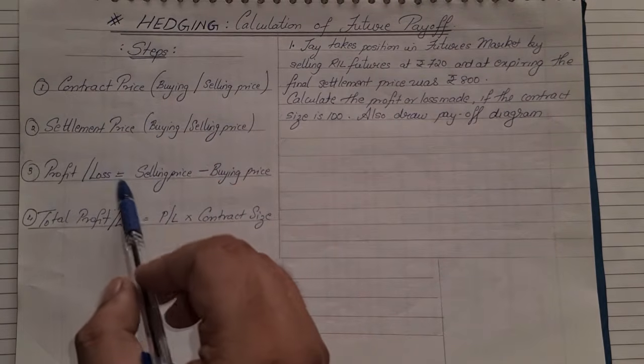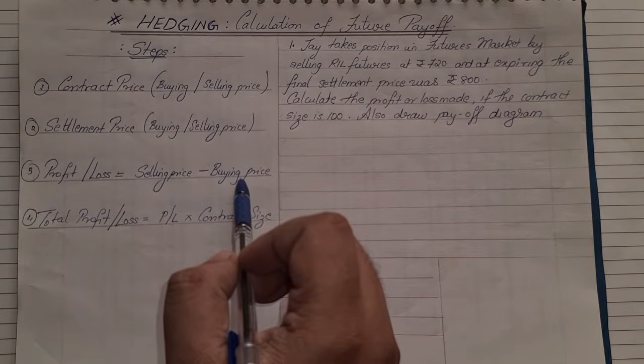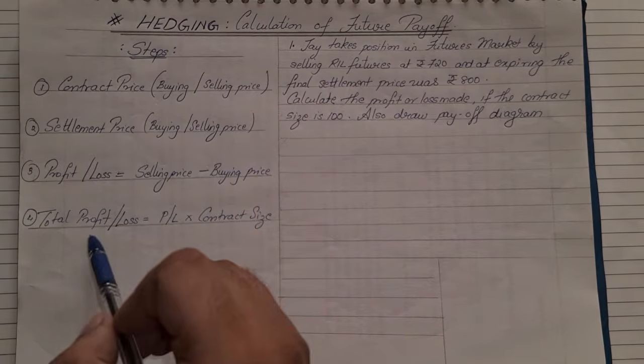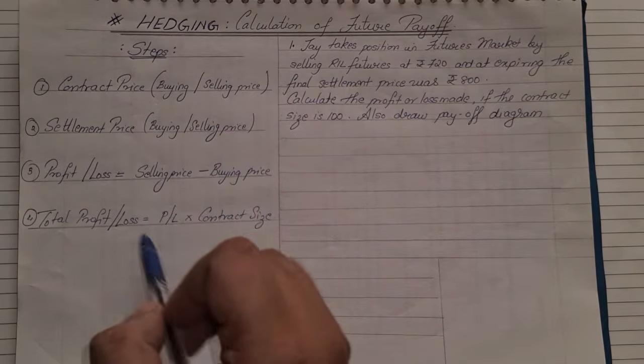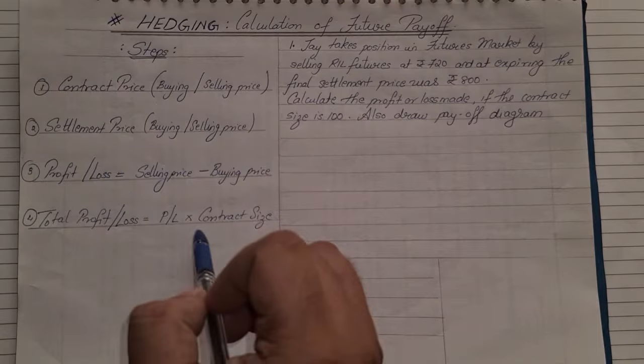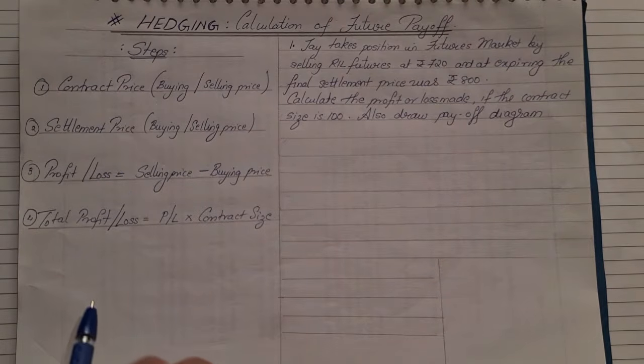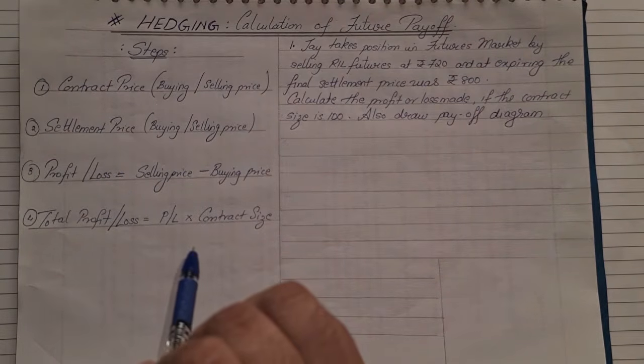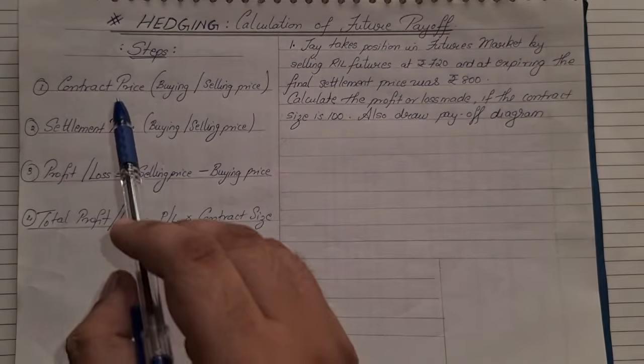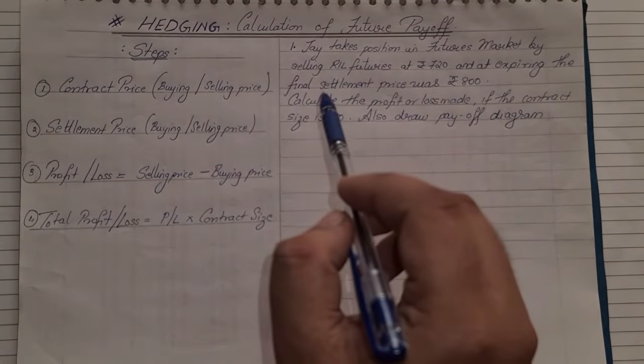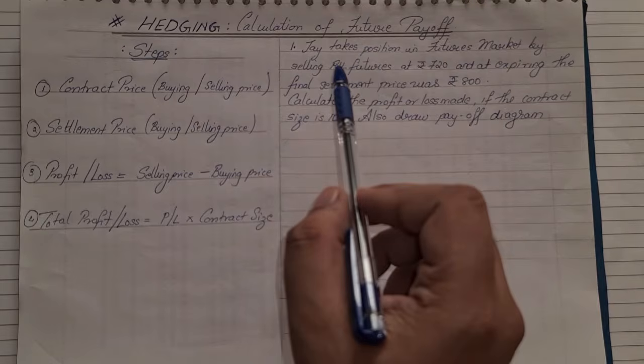Third is profit and loss, which is equal to selling price minus buying price. And lastly, the total profit and loss will be your profit or loss from step number 3 into the contract size. So we need to follow these 4 steps very carefully. Now based on these steps, we will start with the very first problem sum. We'll read out the question first.